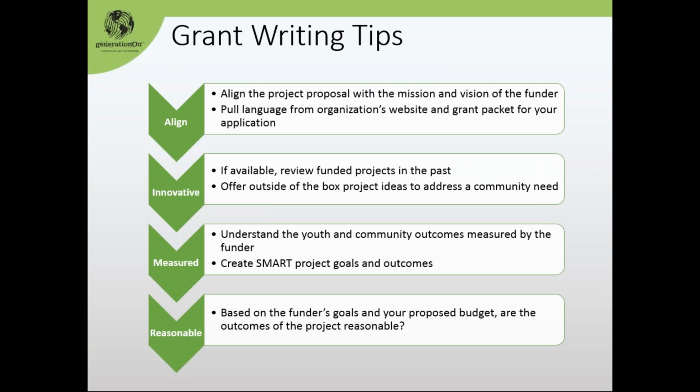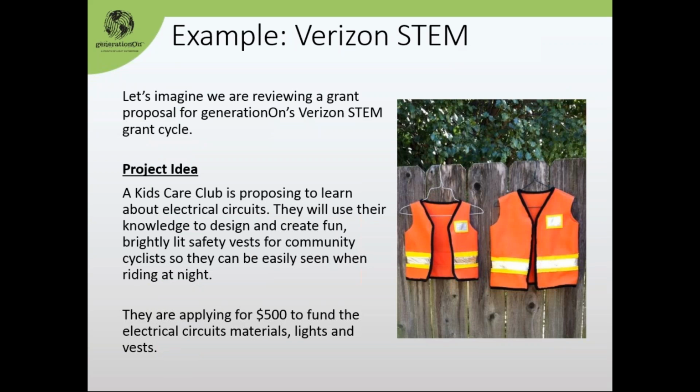So if you have a grant proposal where you're asking for $5,000 to do some fancy project, but at the end of the day, your goal is to only benefit 10 people, $5,000 to benefit 10 people doesn't sound like a reasonable use of our money. So you just want to make sure, again, that what you're asking for is reasonable for the outcomes that the project hopes to attain. So those are the 4 characteristics, and let's go through an example.